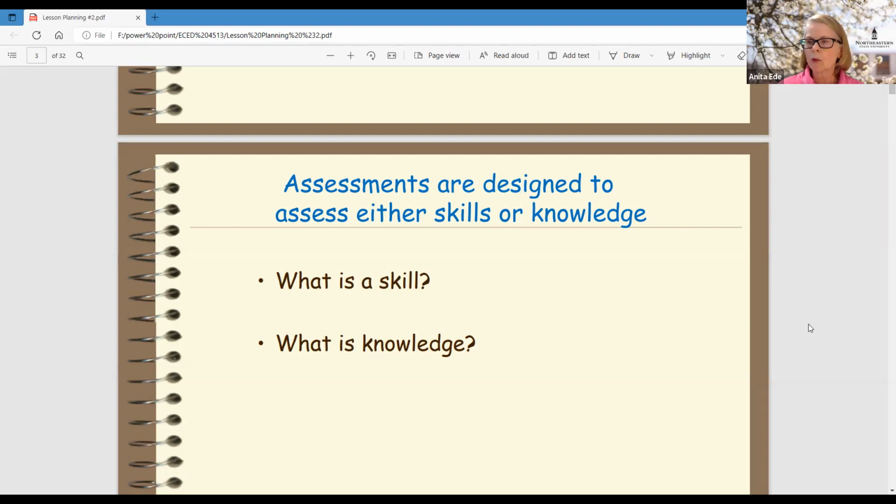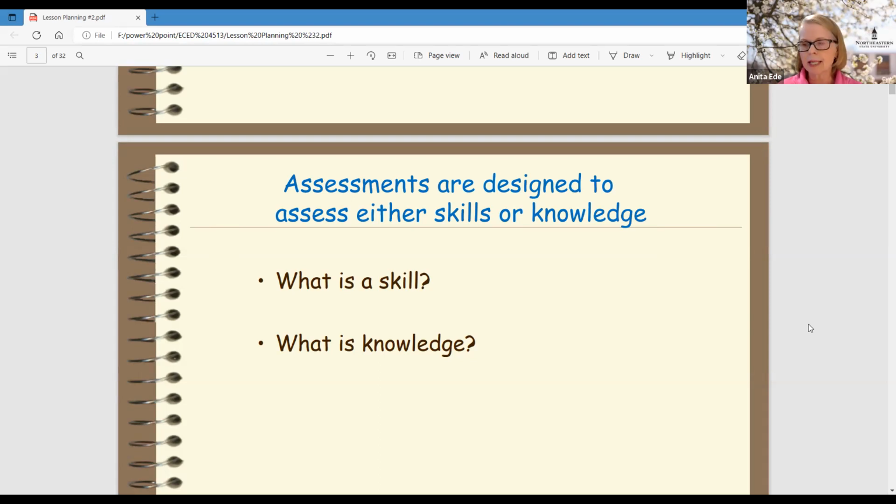If you have a question about what a skill is, just say to yourself, can I assess that with a yes or no answer? If you can get a yes or no answer, it's a skill. Any questions about that, please check with me.